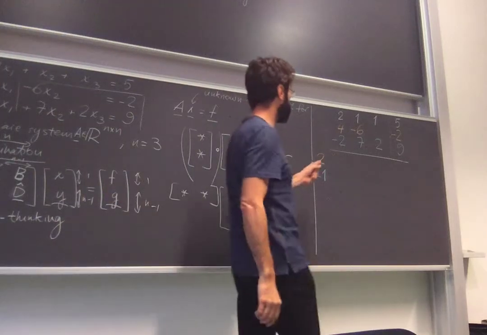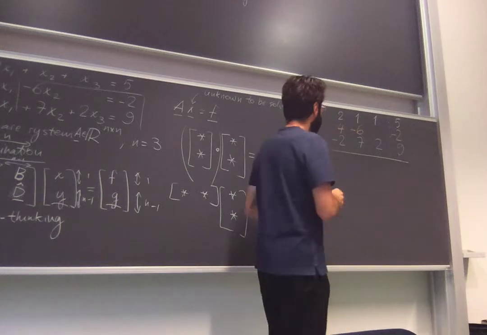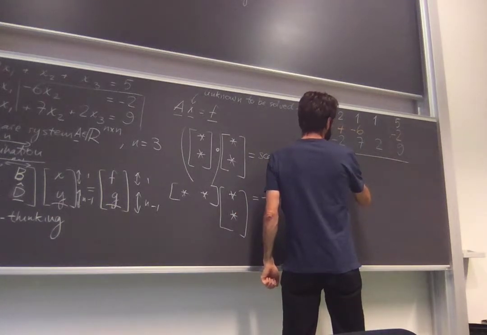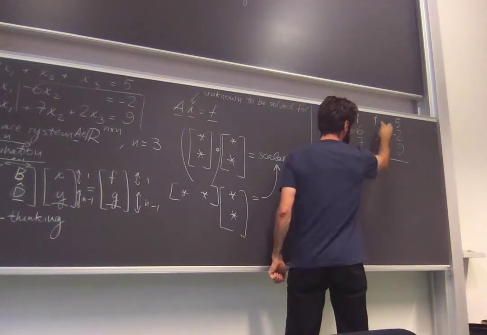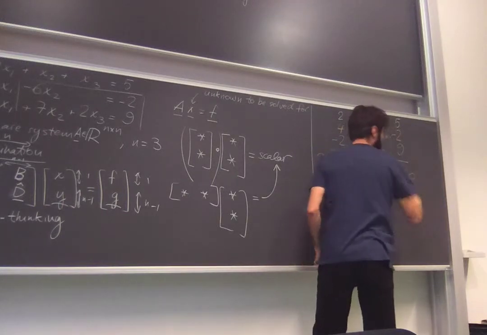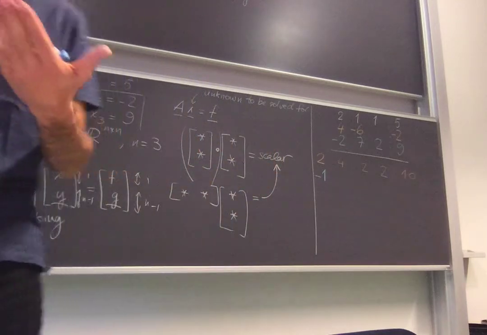Let's do the result of the y1 multiplied by 2. What I'm going to get is 4, 2, 2, 10. I'm just doing a times table.